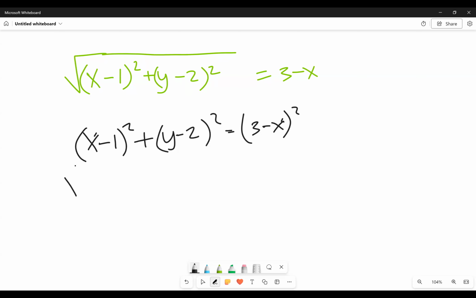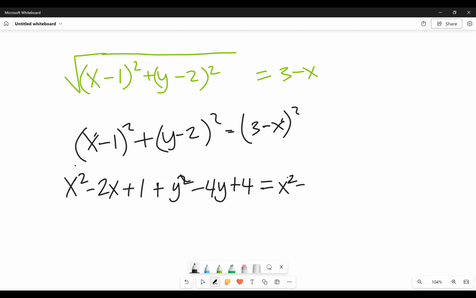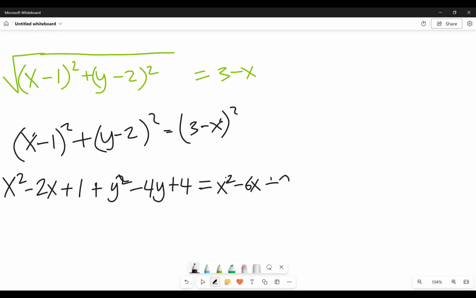This is going to be canceling, right? So this becomes x² - 2x + 1 + y² - 4y + 4 is equal to x² - 6x + 9.